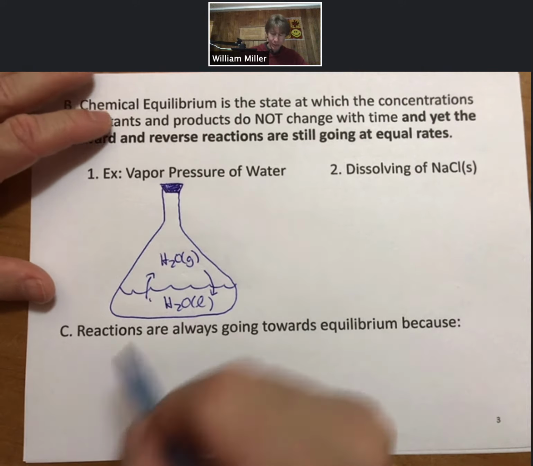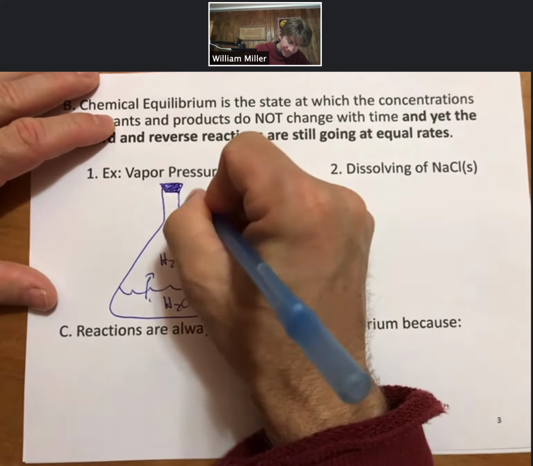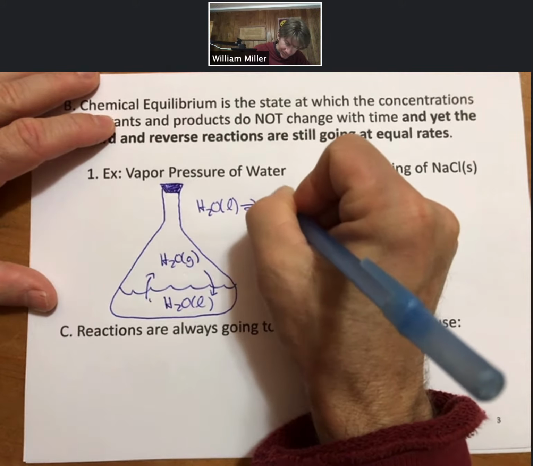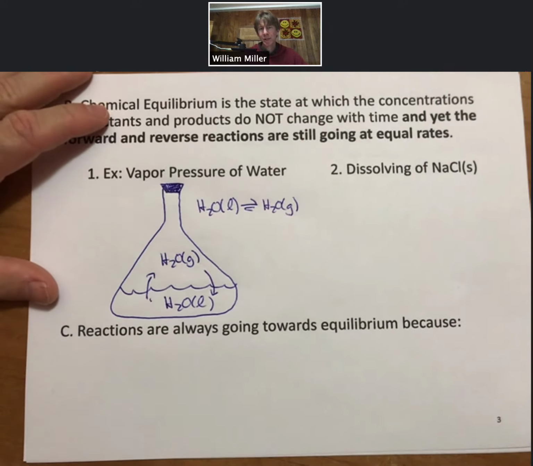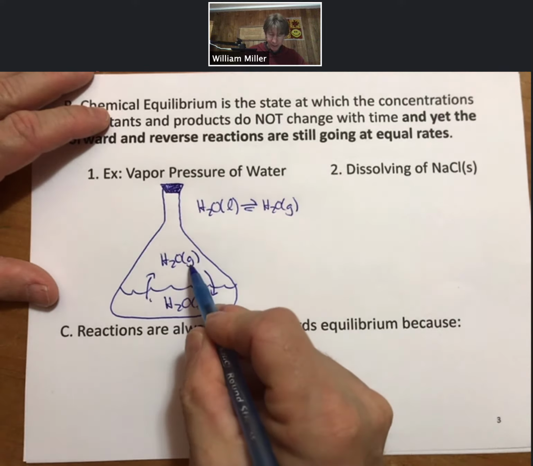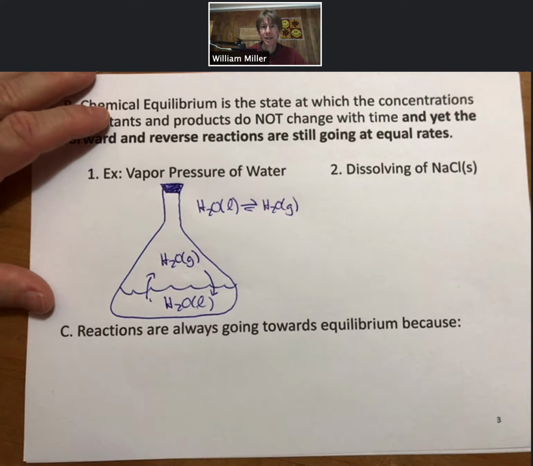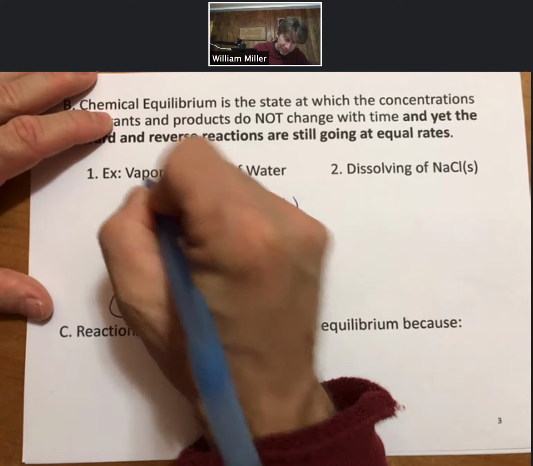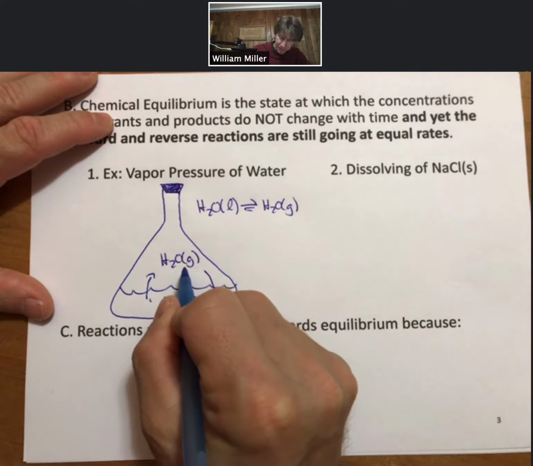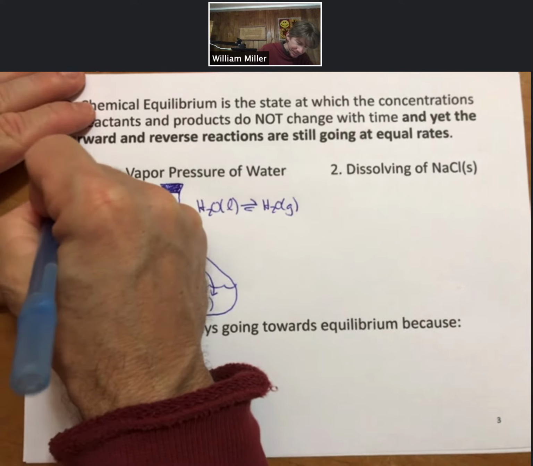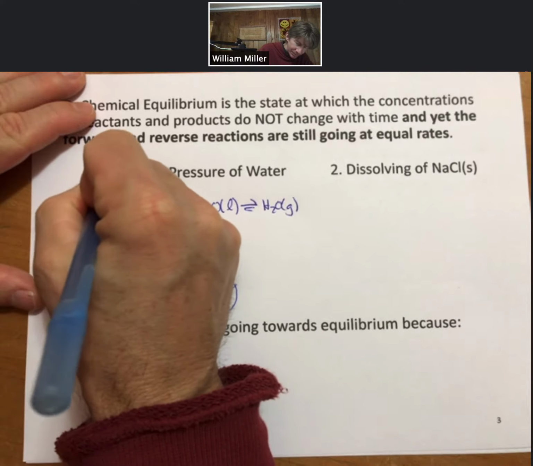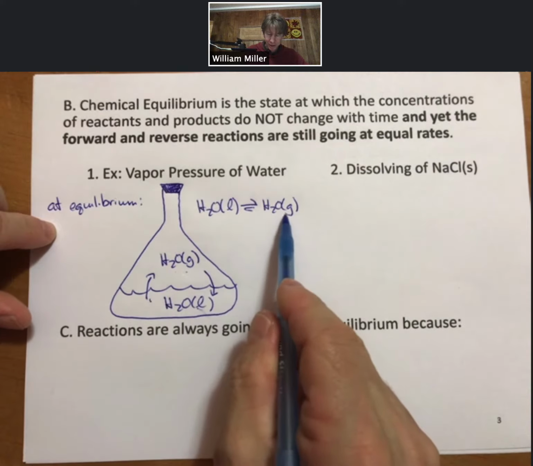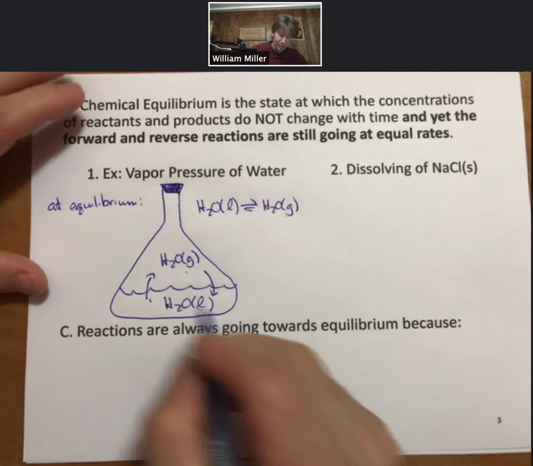At some point, though, you will set up an equilibrium between these two, the liquid and the gas states or phases of H2O. And when that is true, at equilibrium, the partial pressure of H2O gas equals the vapor pressure.